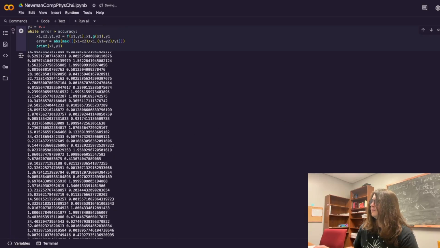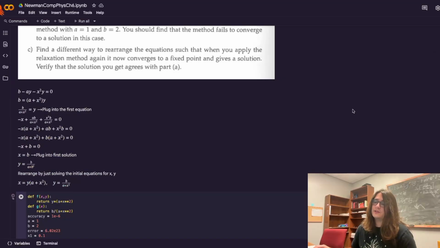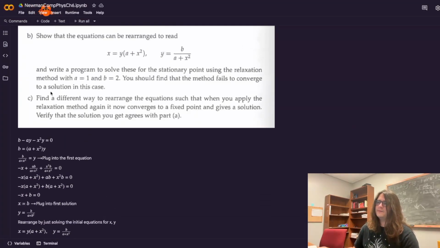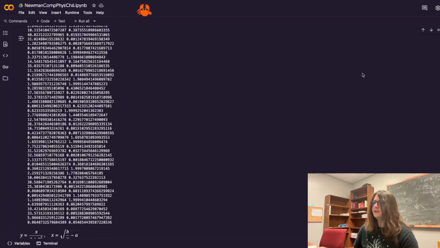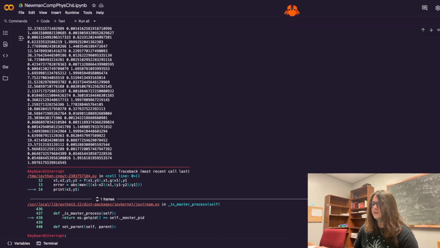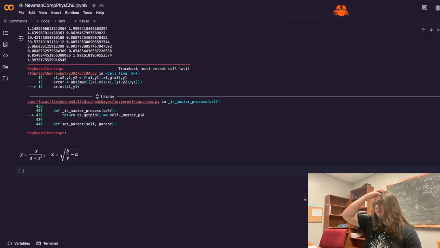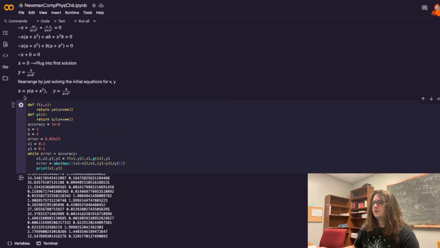The next part of the problem is to resolve the equations in a way that the computer can actually solve for it. So that's part C. And it turns out a much better way of doing it is you set it up like this, where you're going to take essentially the equations that you left with last time, so these guys that you tried to plug in.